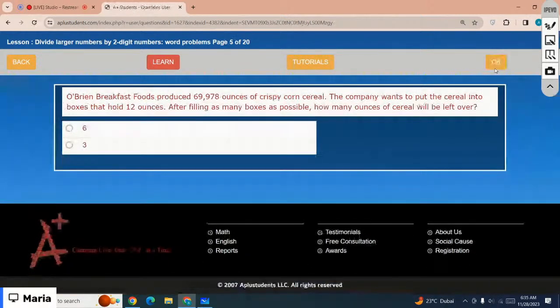O'Brien Breakfast Foods produced 69,978 ounces of crispy corn cereal. The company wants to put the cereal into boxes that hold 12 ounces. After filling as many boxes as possible, how many ounces of cereal will be left over? Which is the correct option?